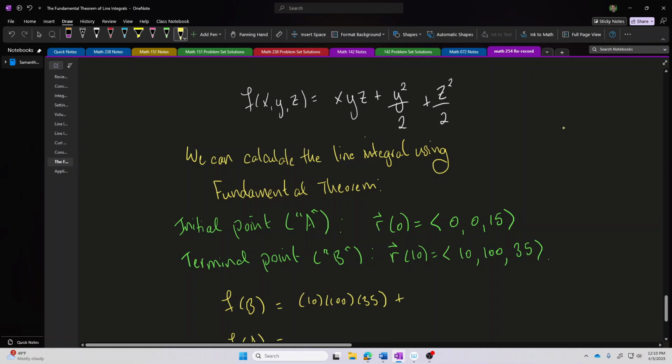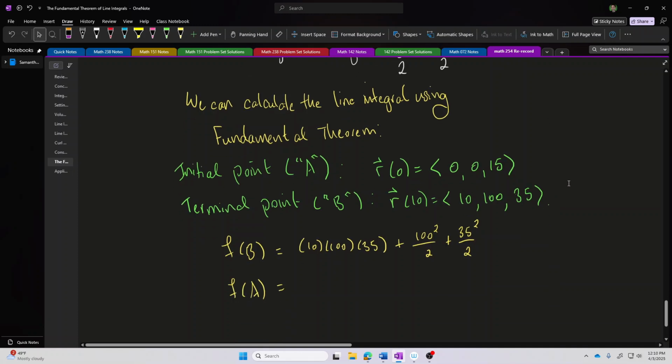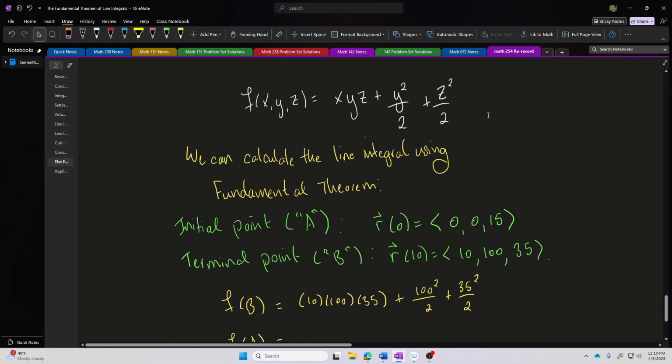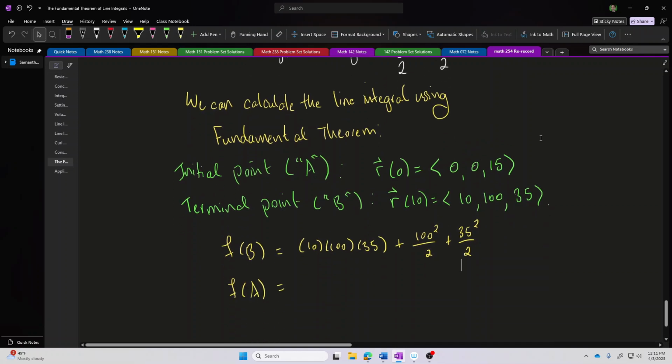Y squared over 2 becomes 100 squared over 2. And z squared over 2 becomes 35 squared over 2. And then similarly, if I plug in the initial point of the curve into the potential function, then xyz becomes 0, 0, 15.